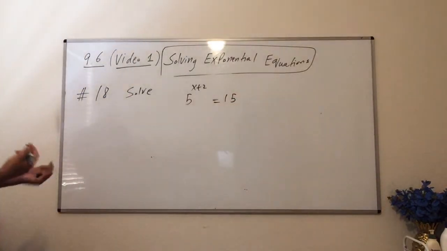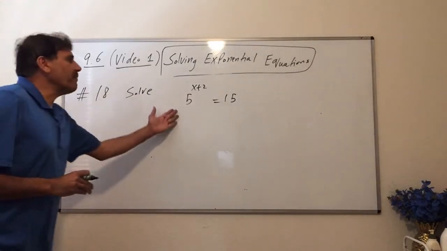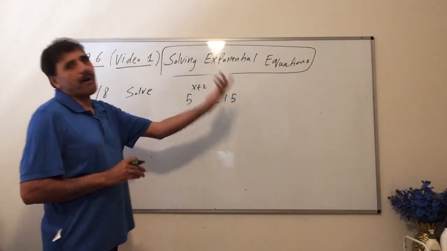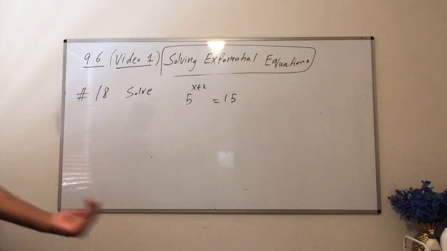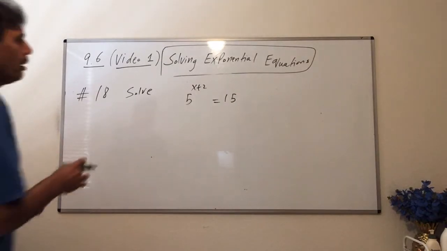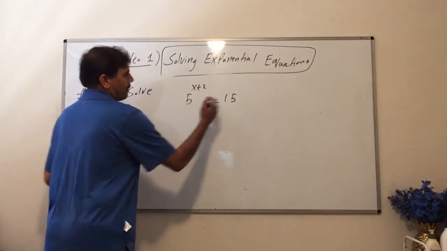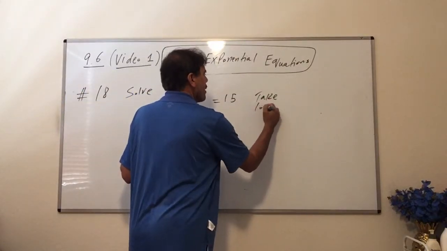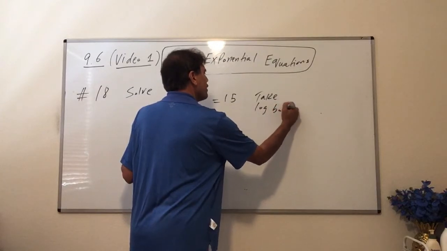Now again, look, 5 to the power 1 is 5, 5 to the power 2 is 25. So you cannot use the principle of exponential equality. So then we're going to take log both sides.